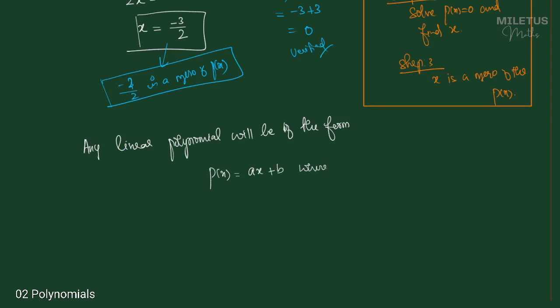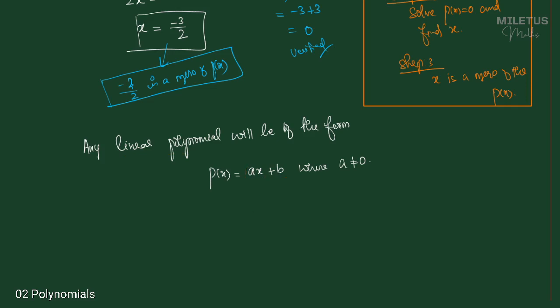Remember here, a cannot be equal to 0. Why? If a is equal to 0, then this term vanishes, and only the constant term will be available, and that time I will not call this a linear polynomial, whereas I will call it a constant polynomial. So whenever I call it a linear polynomial, the coefficient of the x term should not be equal to 0. That's the idea.